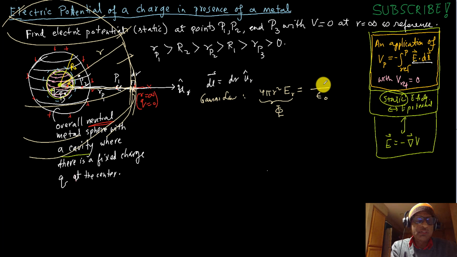Well, how much charge is enclosed? There is a charge Q, and then there is some charge here. Let's call it minus Qx, and this is plus Qx. These cancel out.